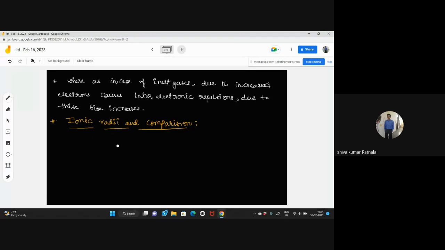Now generally, let me take an arbitrary element X, which can form a cation by losing electrons, and it will form X minus, that is an anion, by gaining electrons.